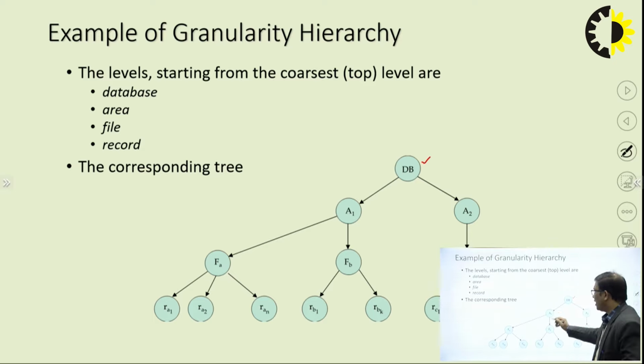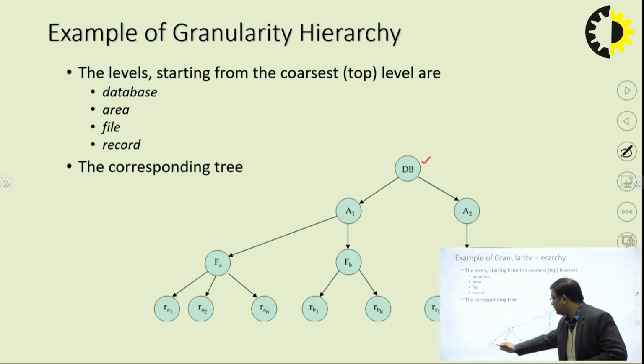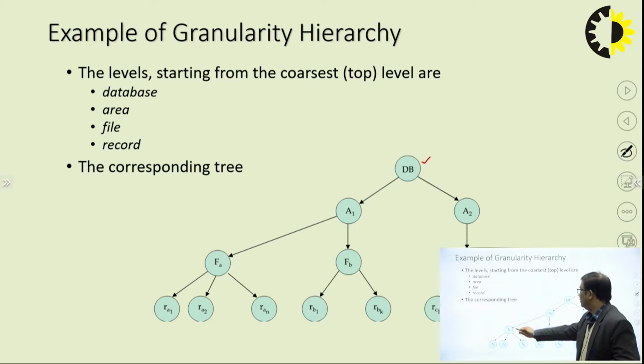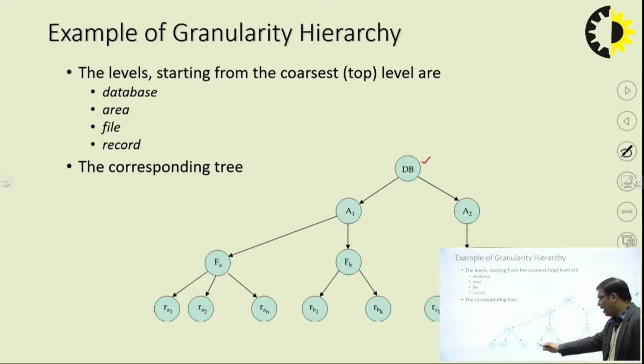These areas can be further broken into various files: file A, file B, file C and so on, file N. The files have records, numbered RA1, RA2, RAN from file A; RB1, RB2 and RBK from file B; RC1, RC2, RC3 and RCM from file C. So these are the various levels of a multiple granularity tree. First is the database, second is the area, third is the file and fourth is the record.